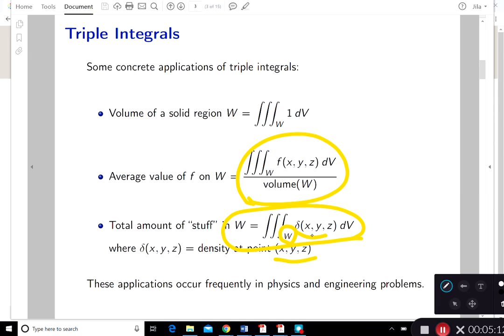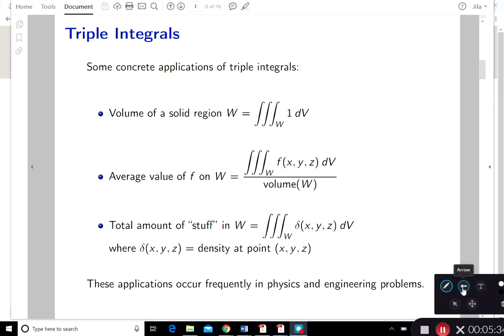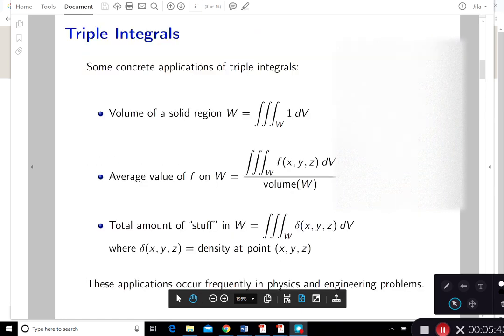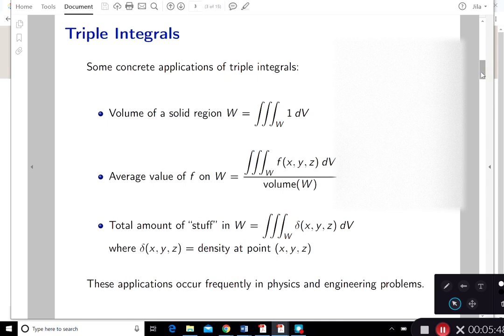If I want to find the total mass of the solid, I take the density sigma(x, y, z), integrate over the entire solid, and then I'll find the mass of the solid. I'll find the total amount over that region. This is very interesting for engineering questions, because you will need that on multiple occasions: in electromagnetism, in physics, in engineering.